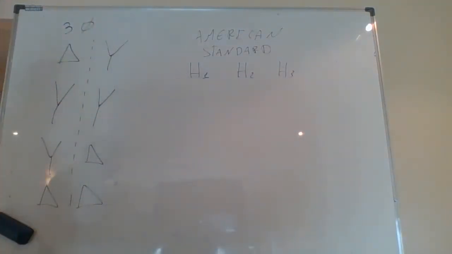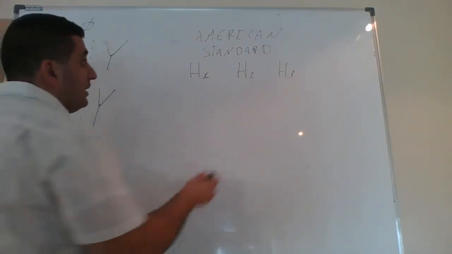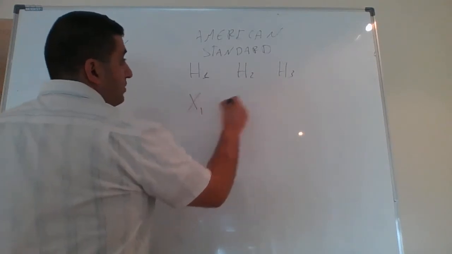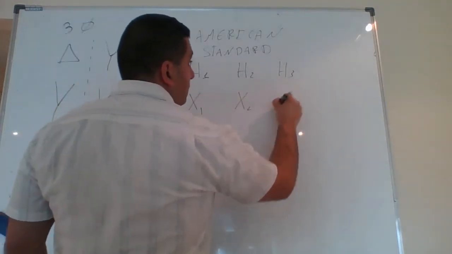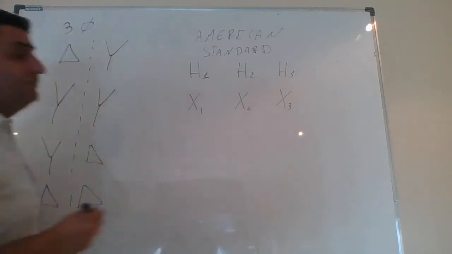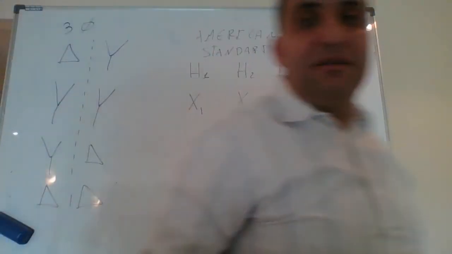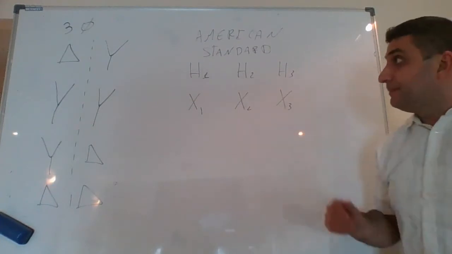These are the notations for the high voltage side of the transformer terminals. On the low voltage side, the notation is X1, X2, and X3. These are the notations under the American standard.